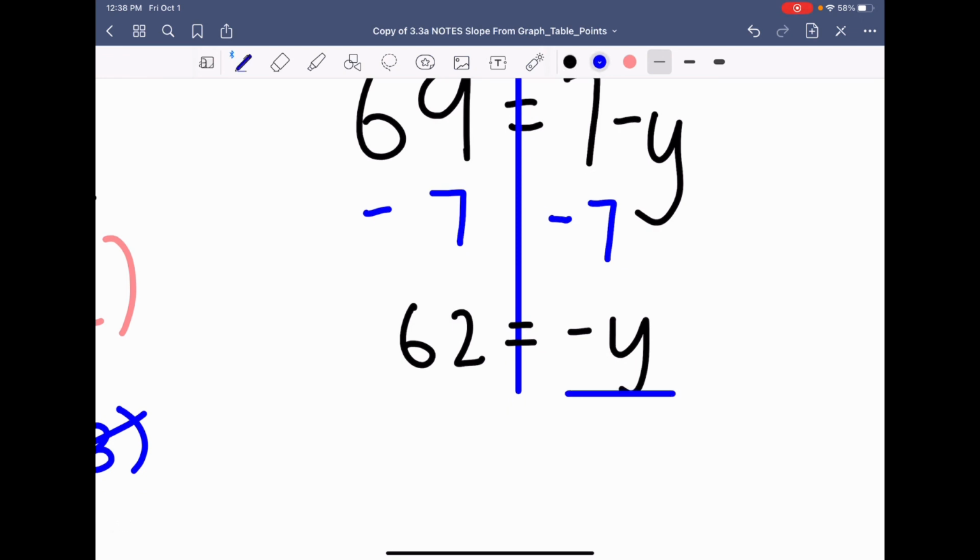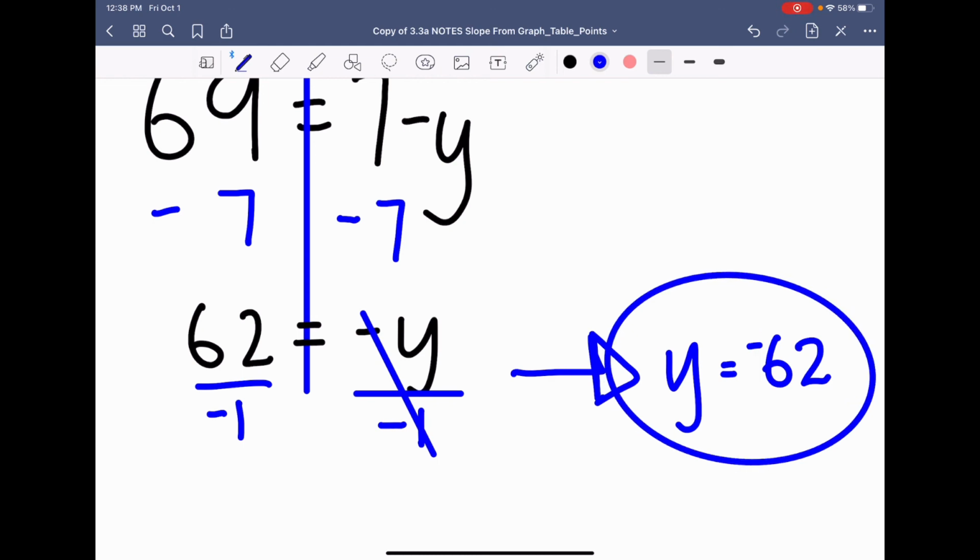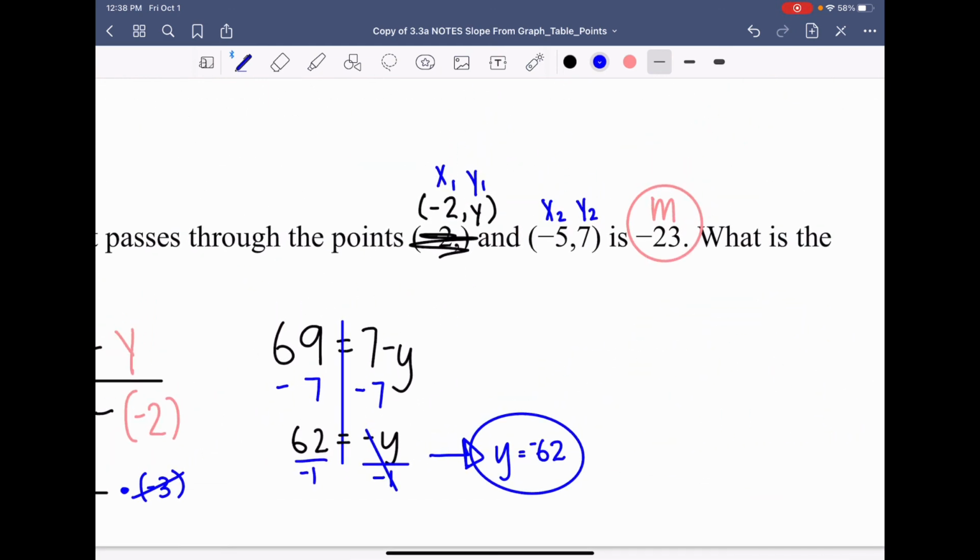So we divide off that imaginary negative 1. That cancels that negative, and I'm left with y equals negative 62. So our ordered pair is negative 2, negative 62. It's a really far away coordinate.